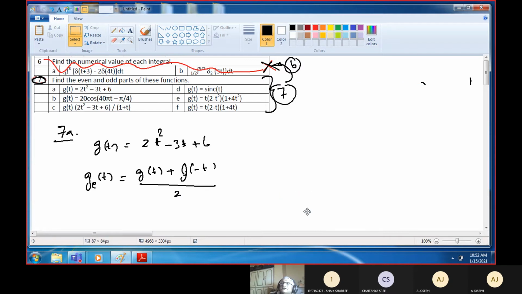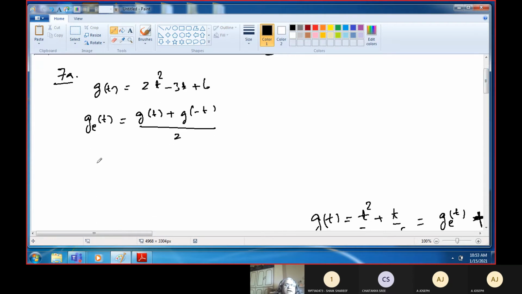And the odd part of the signal we will get when we subtract these two and divide by 2. So g_o(t) will be equal to g(t) minus g(-t) divided by 2.